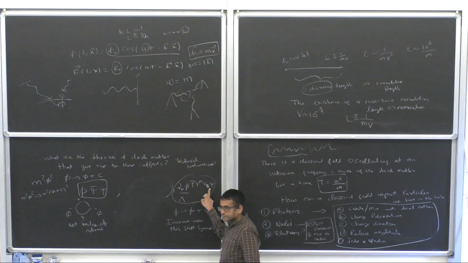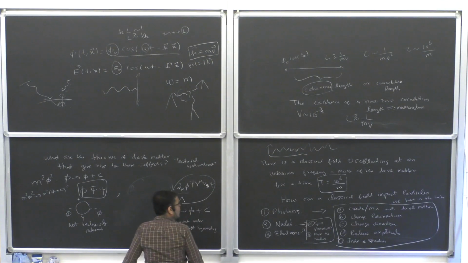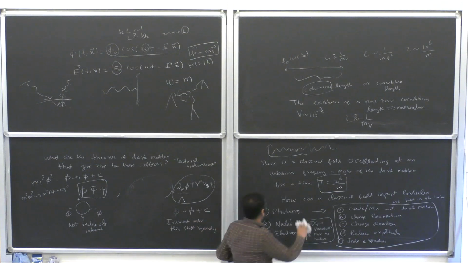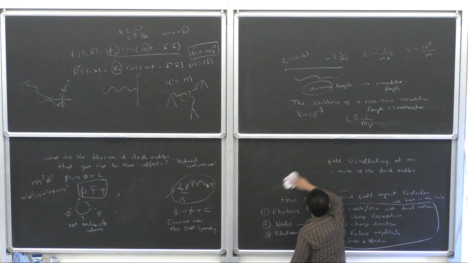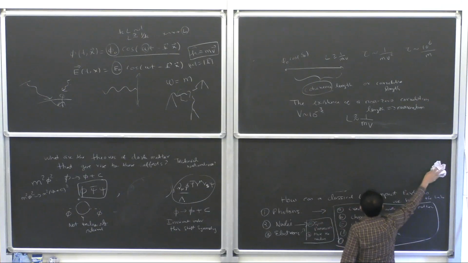Okay, so let's make a list of operators. I will write this on top of this here, and we will say, natural and unnatural.